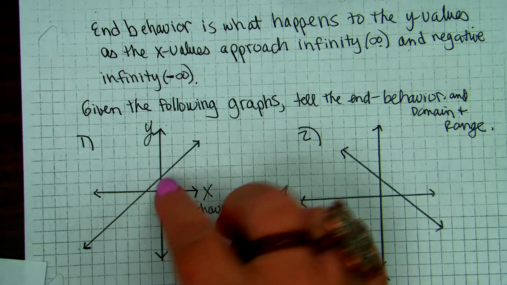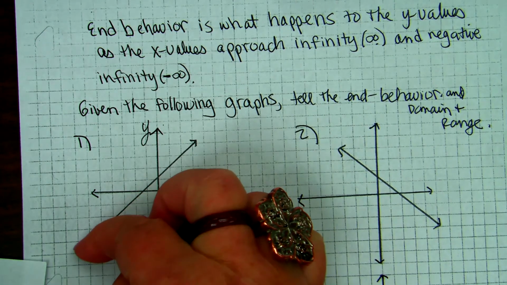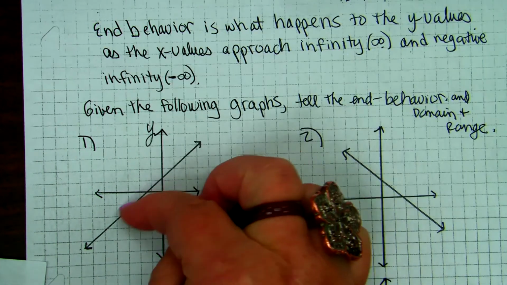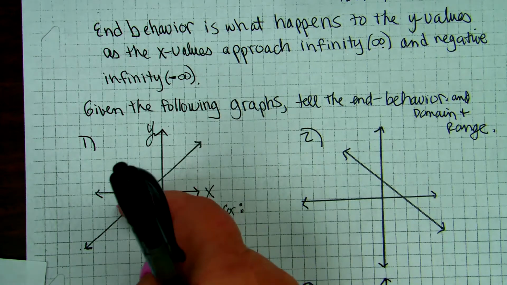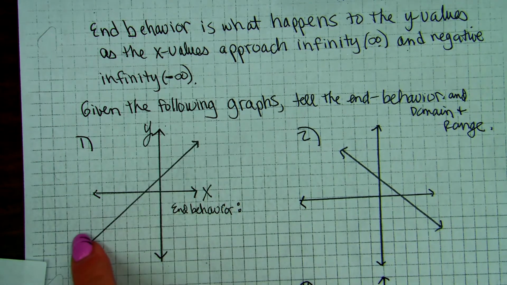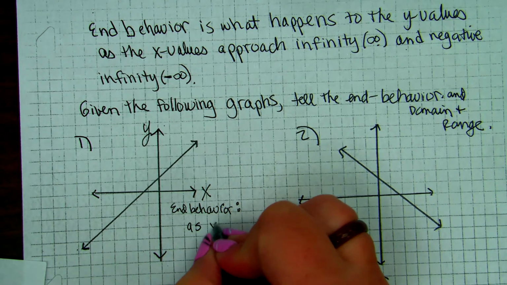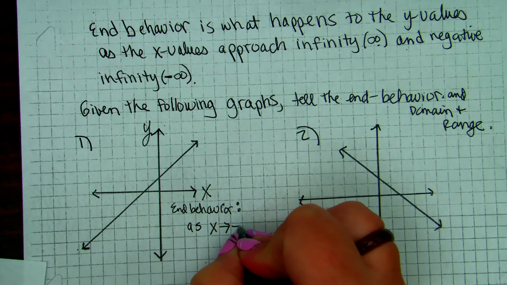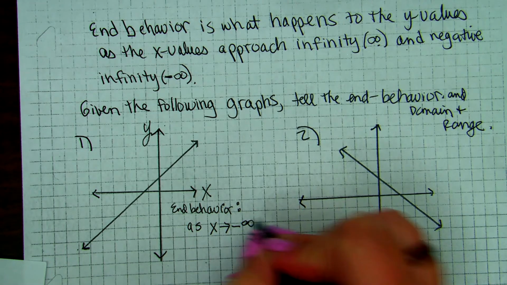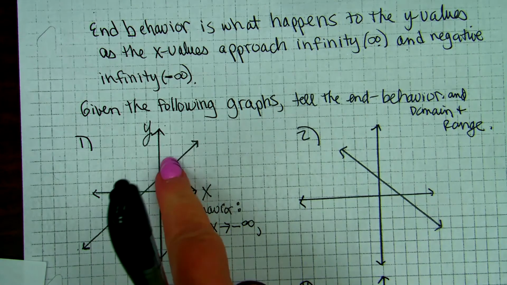But as x is going this way on the line, is x going to the right or to the left? X is going to the left, right? So we write as x approaches, the arrow means approaches, negative infinity, because we're going to the left on the line.